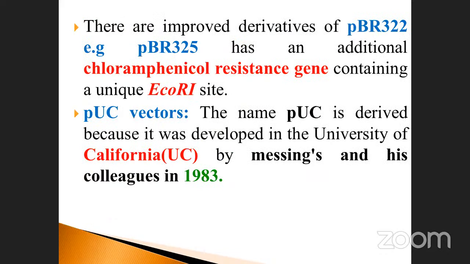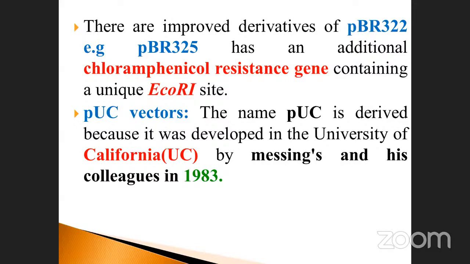There are improved derivatives of pBR322, for example pBR325. So 322 is a precursor for the development of improved varieties, the derivatives, like 325. This is considered the mother. From this one they alter to make a new one, so the number also changes: here 322, here 325.